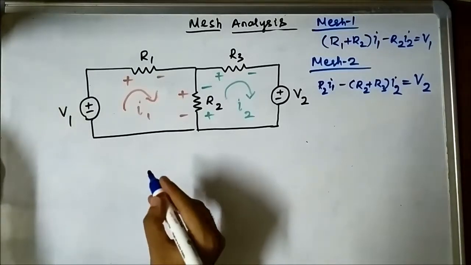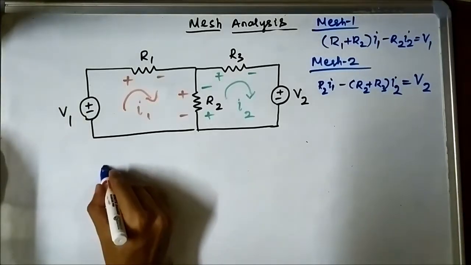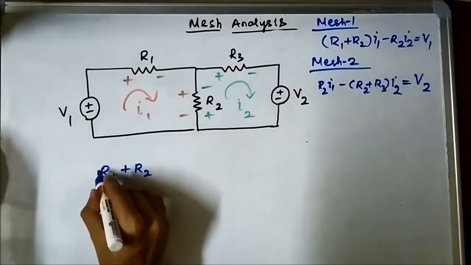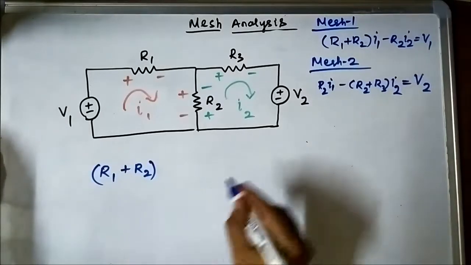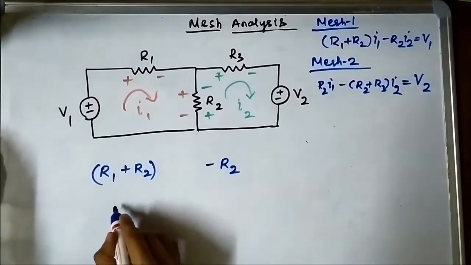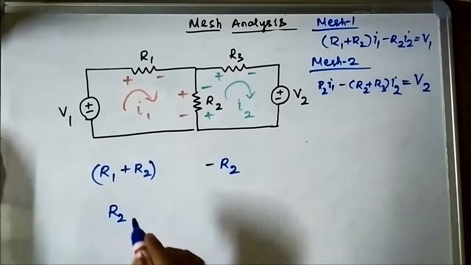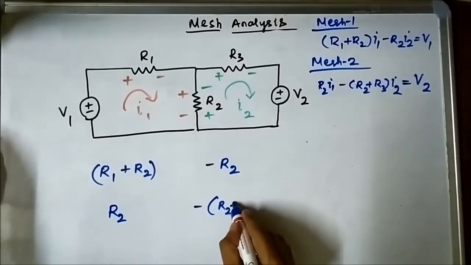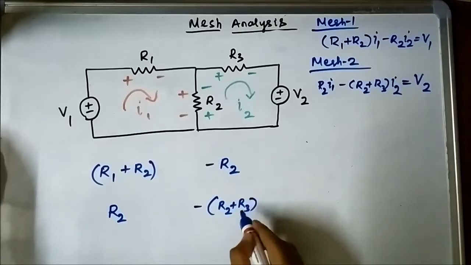That is, we will write R1 plus R2 and minus R2. Then we have R2 and minus of R2 plus R3.